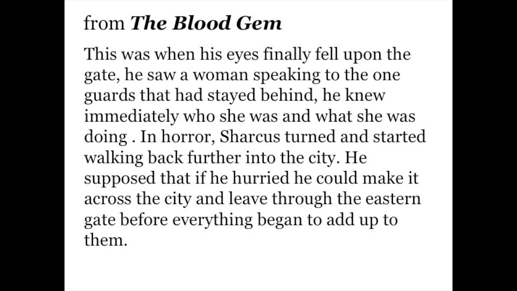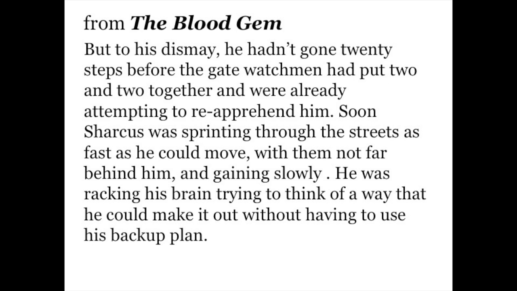This was when his eyes finally fell upon the gate. He saw a woman speaking to one of the guards that had stayed behind. He knew immediately who she was and what she was doing. In horror, Sharkus turned and started walking back further into the city. He supposed that if he hurried, he could make it across the city and leave through the eastern gate before everything began to add up to them. But to his dismay, he hadn't gone 20 steps before the gate watchmen had put 2 and 2 together and were already attempting to reapprehend him.